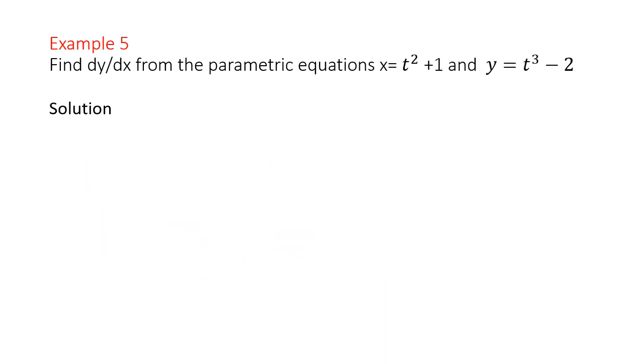Find dy over dx from parametric equations. x equals t squared and y equals t cubed minus 2.